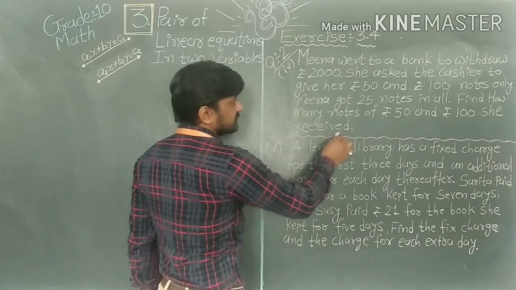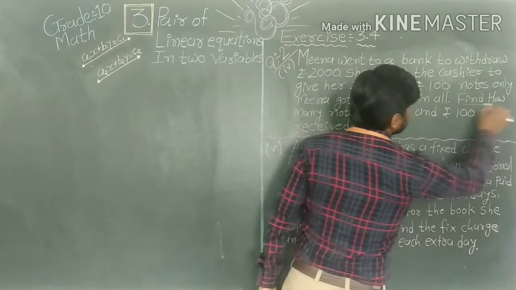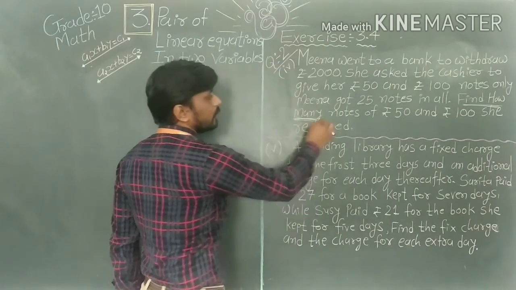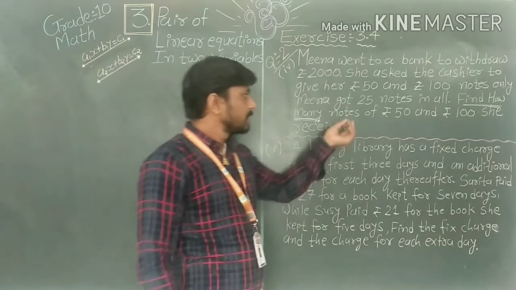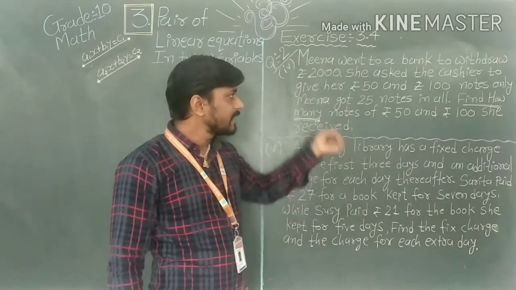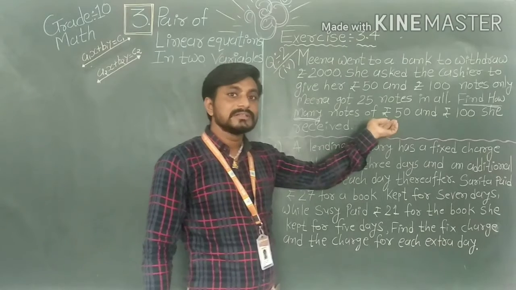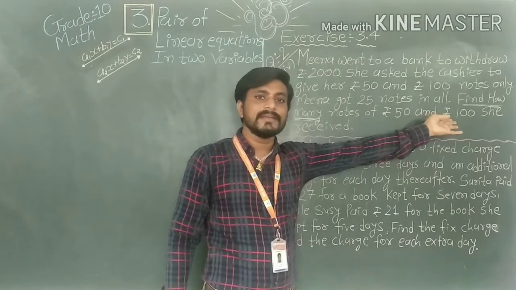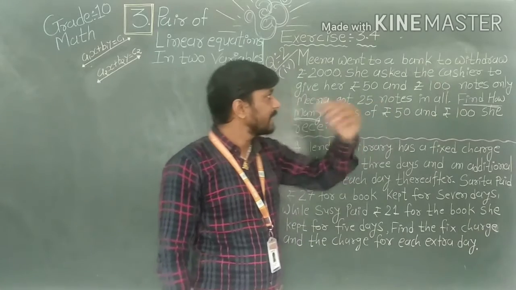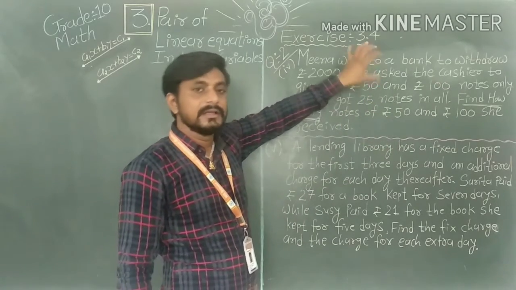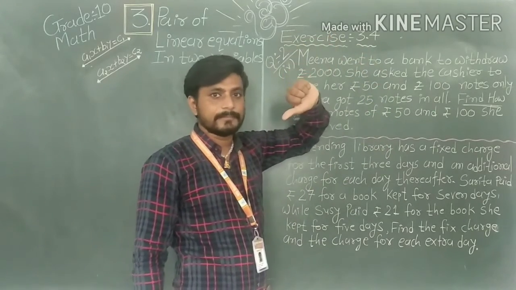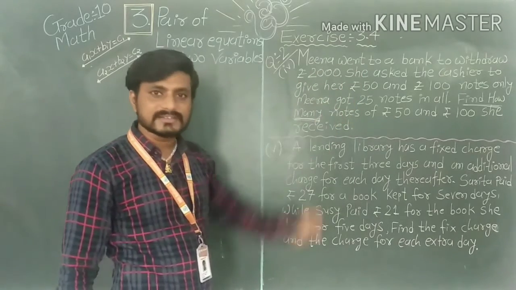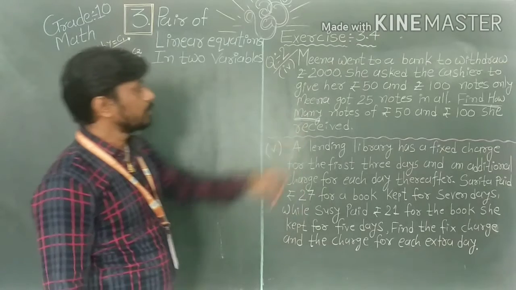Our target is to find how many notes. So first of all, I suppose X notes of rupees 50 and Y notes of rupees 100, then apply the conditions to both variables, and after solving we get the values of X and Y.